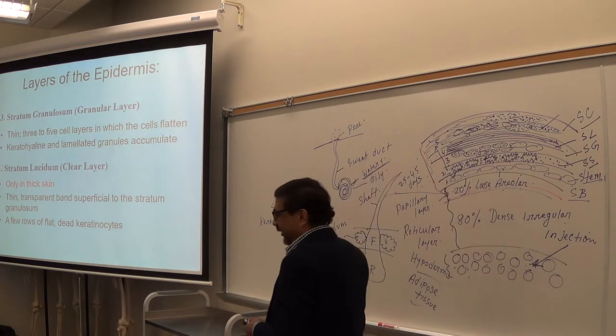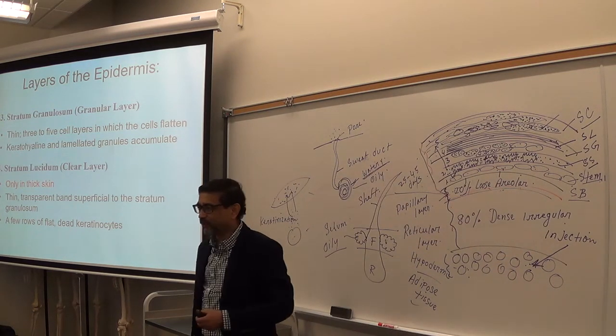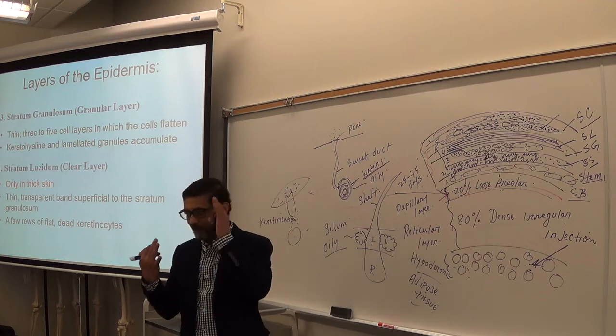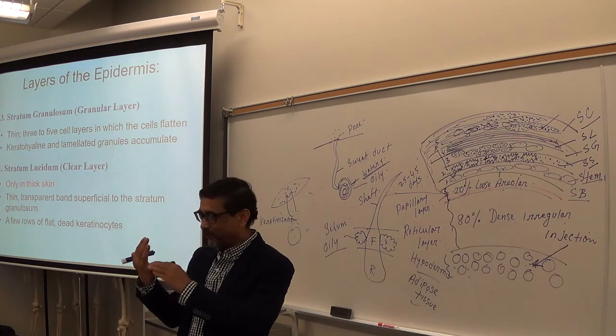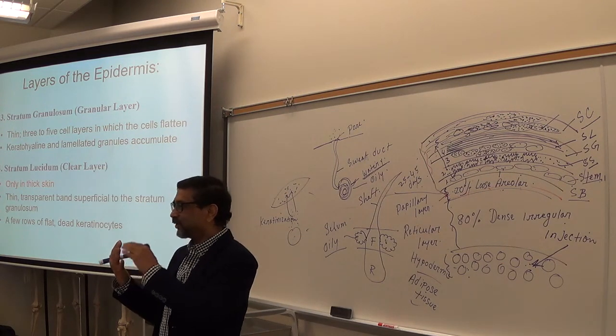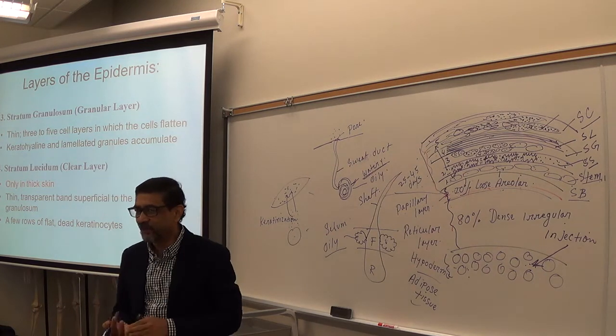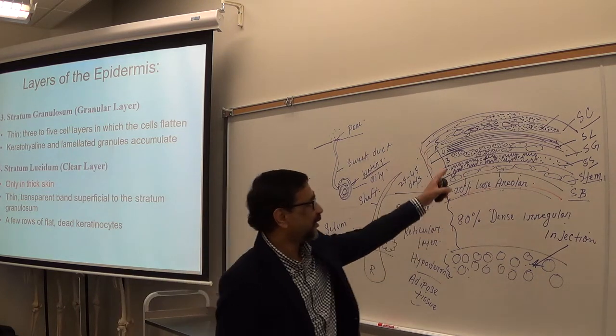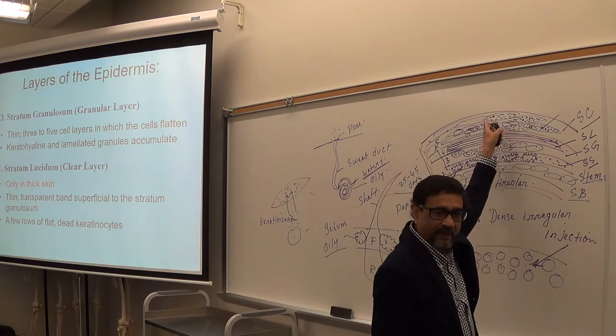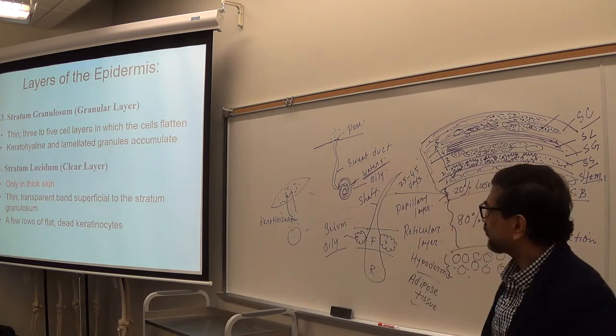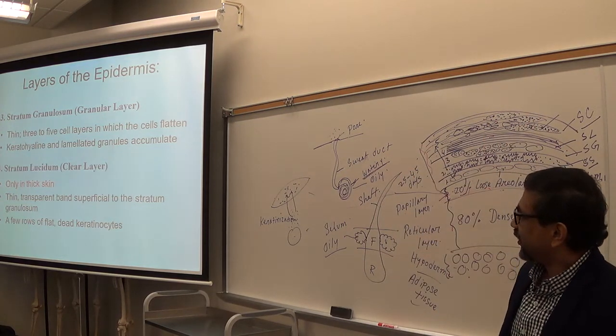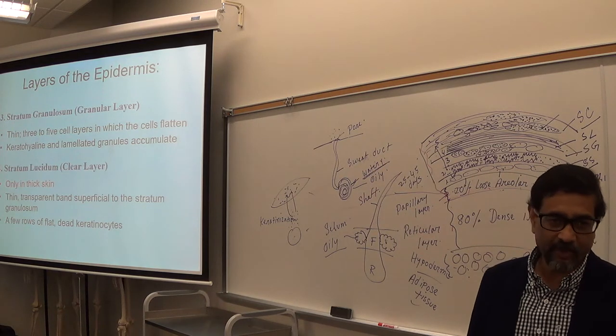And you know that keratin gives two things, two functions. Can you remind me? Waterproofness. Number 2, durability. Right? So these cells are heavily filled with keratin. Make sense? So those are the layers of the epidermis.